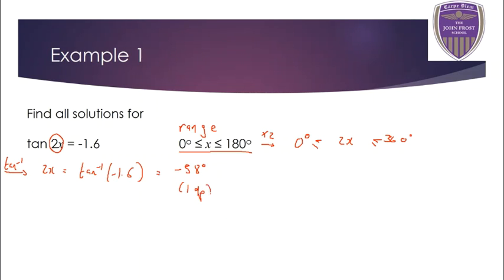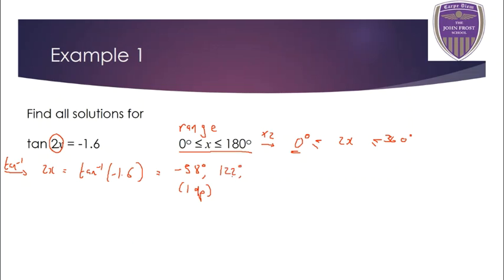We can see that negative 58 degrees is not actually in this range. Remember, the tan graph just repeats every 180 degrees. So to get the next solution, just add on 180 degrees, and you get 122 degrees.